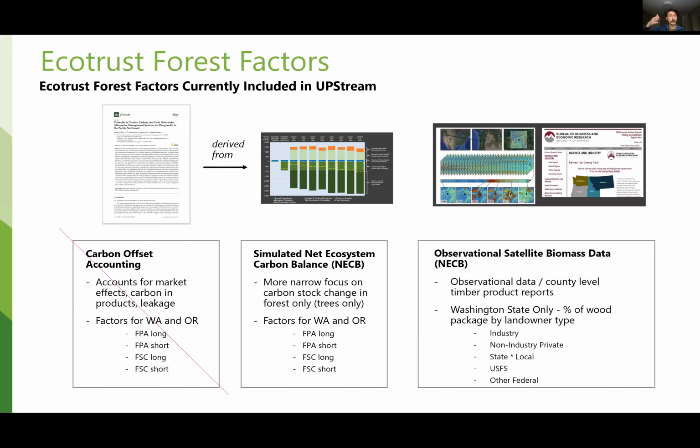They have three versions of these factors that they've been evolving from their watershed paper that Bree mentioned, which looked at sampling and simulation of the different forest dynamics. They've moved on from that initial study because it was looking at carbon offset accounting, like what you would find in some of the California voluntary market protocols that tried to account for everything in a single factor.